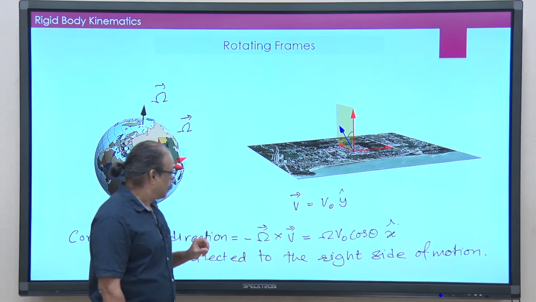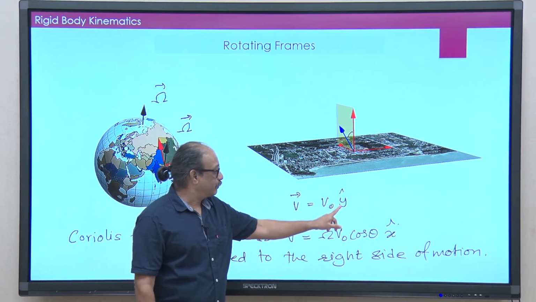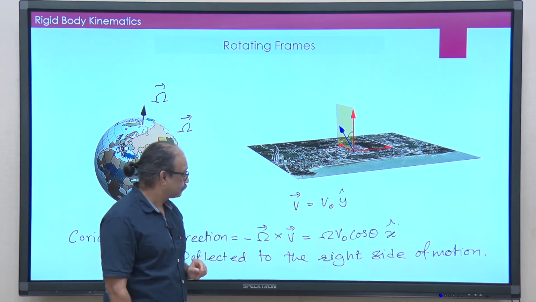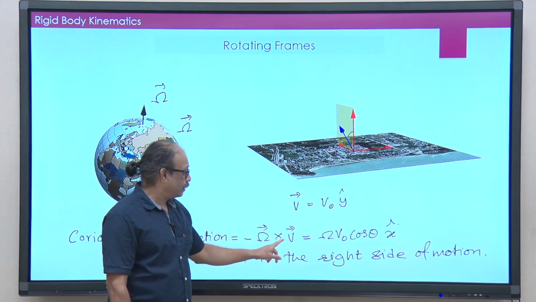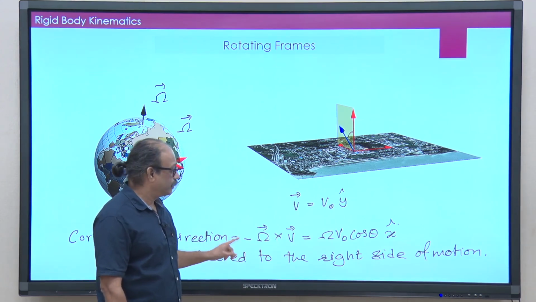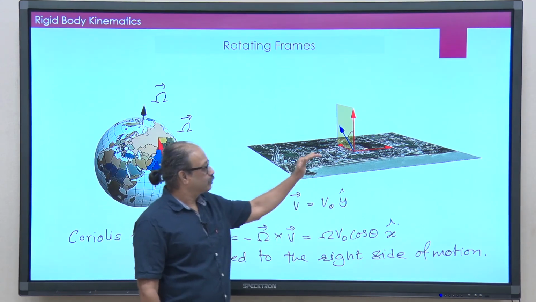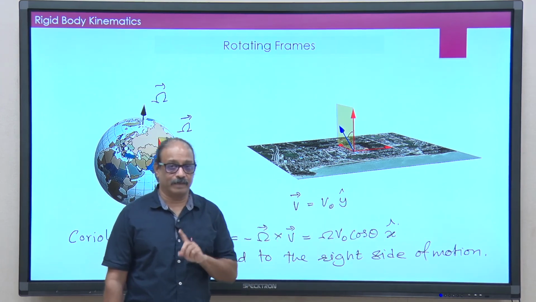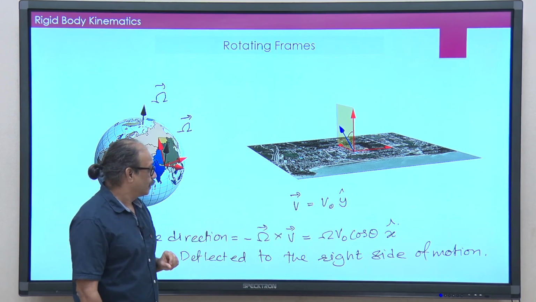If you are basically traveling in the northward direction, then minus omega cross V comes to x cap direction. Do this cross product again. Remember, omega vector you can always calculate.